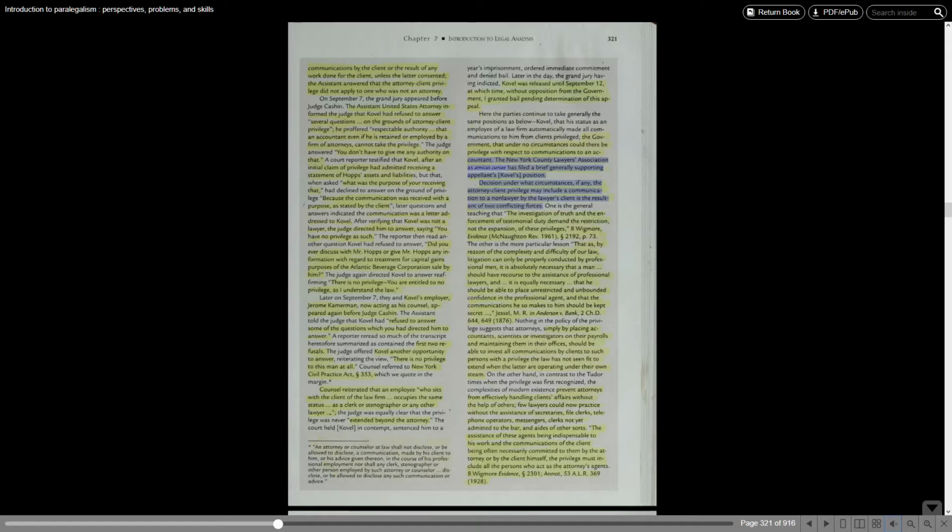Decision: Under what circumstances, if any, the attorney-client privilege may include a communication to a non-lawyer by the lawyer's client is the result of two conflicting forces. One is the general teaching that the investigation of truth and the enforcement of testimonial duty demand the restriction, not the expansion, of these privileges. 8 Wigmore, Evidence, McNaughton Rev. 1961, 2192, p. 73.